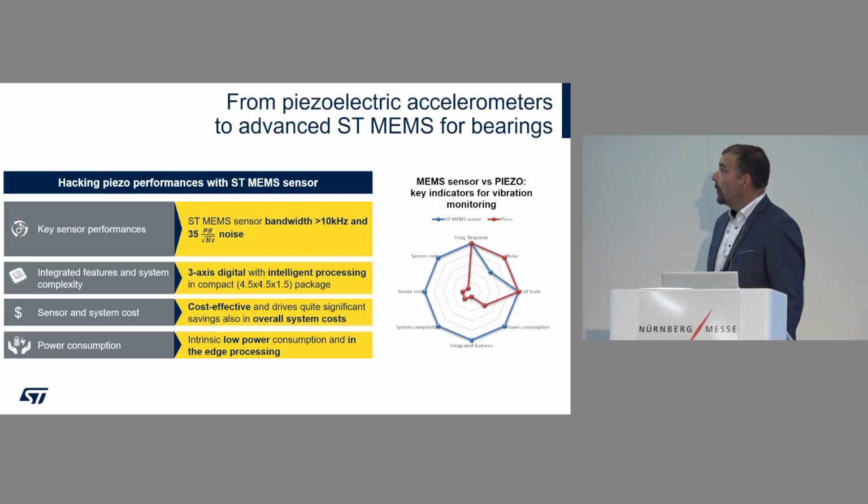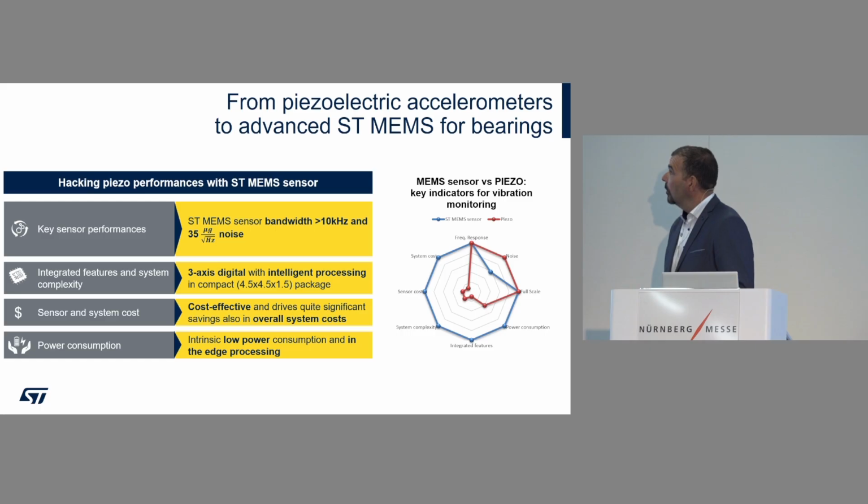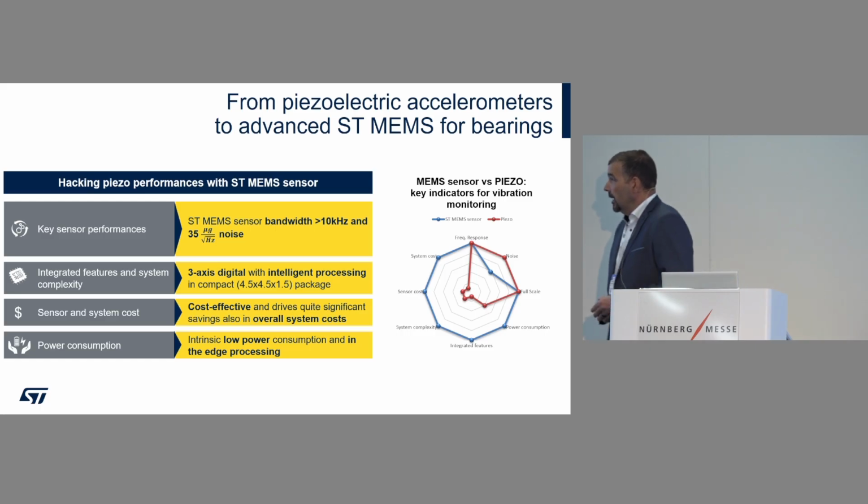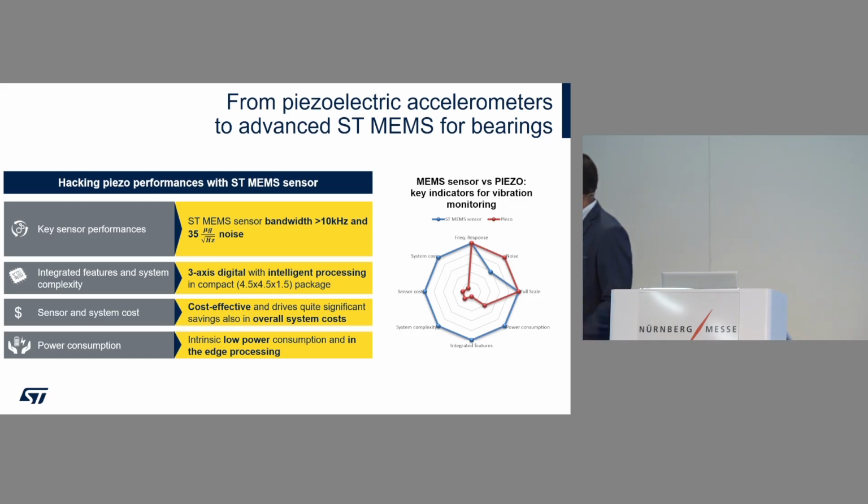A little bit of comparison, because I touched on the piezoelectric sensors, so I would like to compare them to the MEMS sensors. In this graph, in blue, you can see the advantages of the MEMS sensors, where in red, we have the piezo sensors.